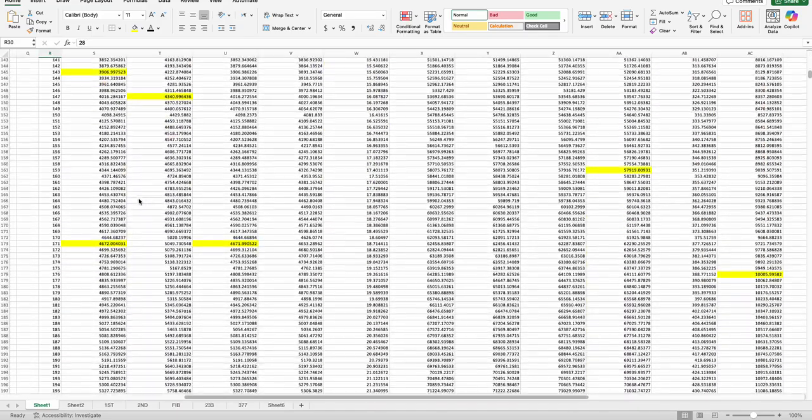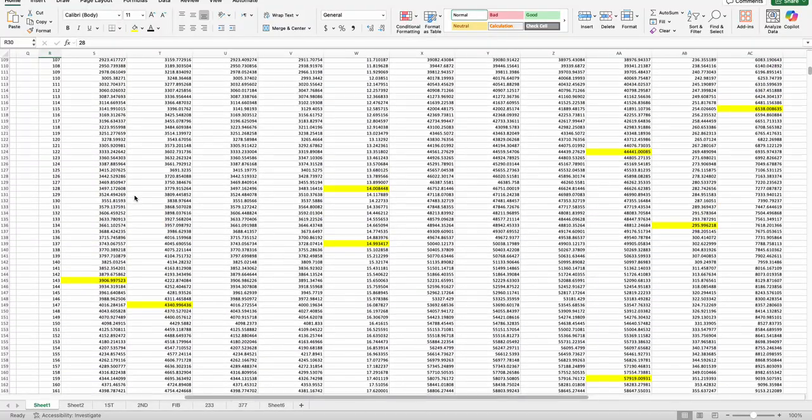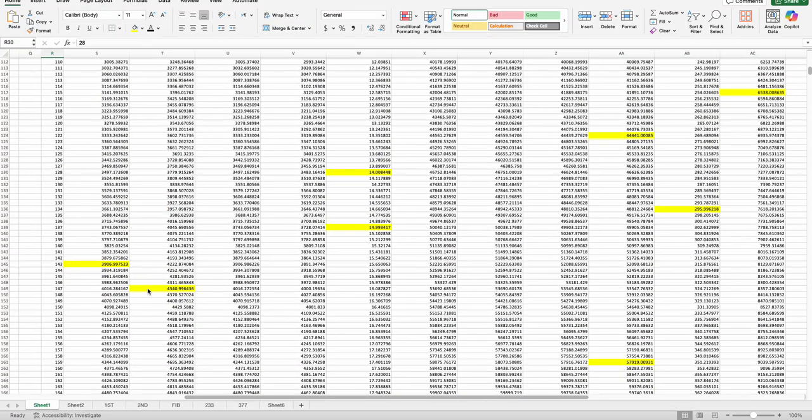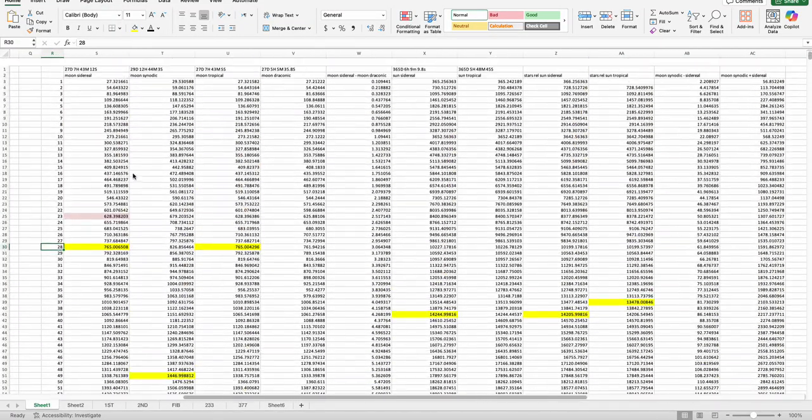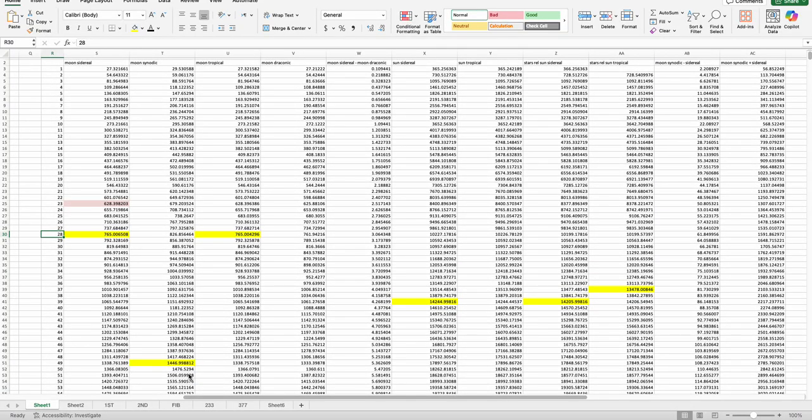I think that one repeats fairly often, and then they start to taper off, and these cycles don't stay true.